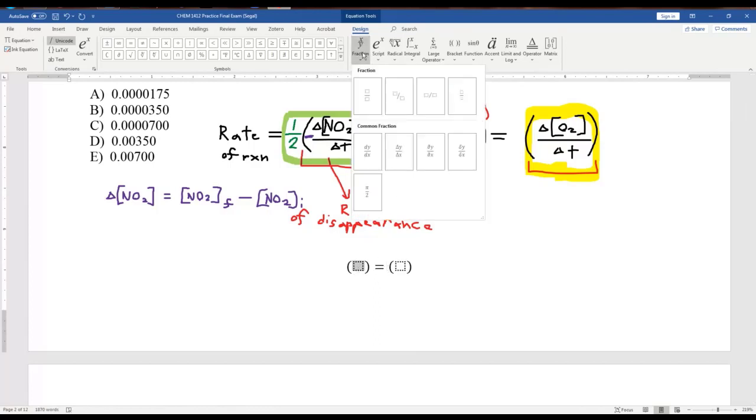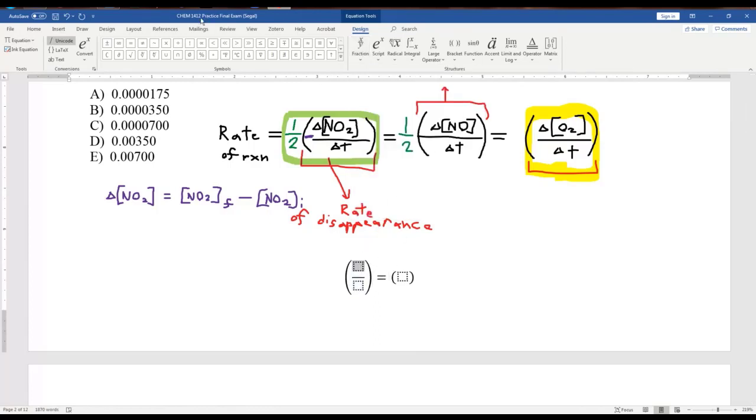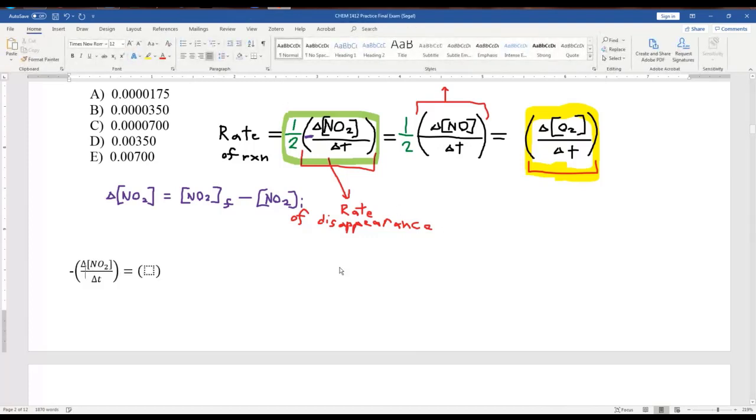Delta NO2 over delta T. And actually, I have to include a -1 divided by 2, -1/2.